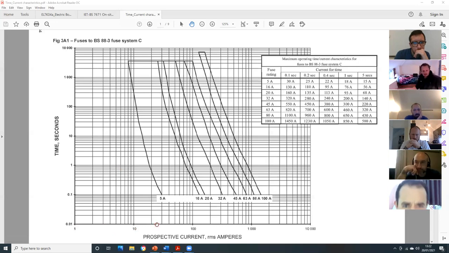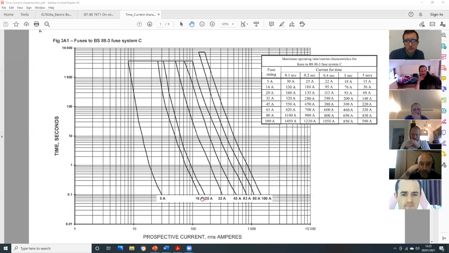Okay. And what you can see from that, if 23 amps did flow, the minimum current, it would take about 3,600 seconds. And again, I know that to be a fact because I've done the experiment with a 16 amp fuse, and it does take 1 hour. So what this should tell you is two things.